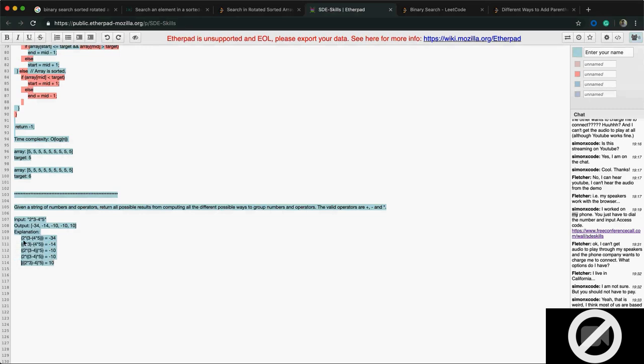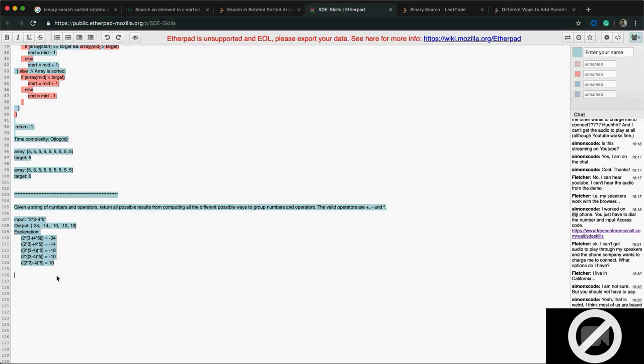We can insert parentheses at different places, and all of these are valid equations, and depending upon where we are putting the parentheses, our results will vary. Any question on the question? I hope this is clear to everyone.